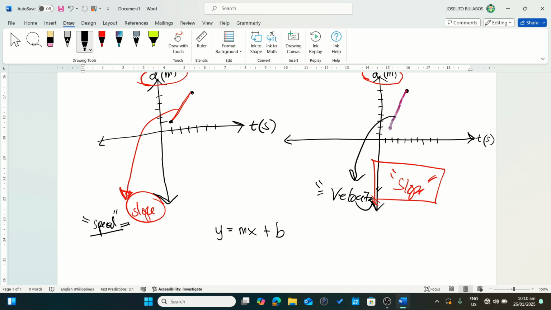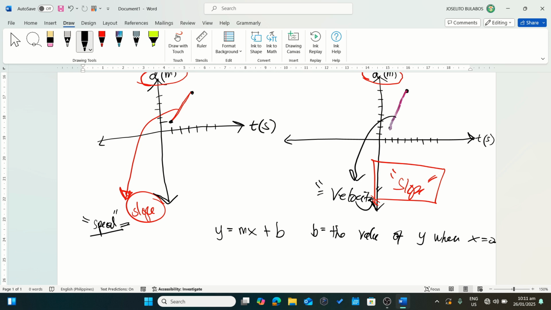While our b here is the value of y when x is equal to 0. Again, b is equivalent to the value of y when x equals 0.